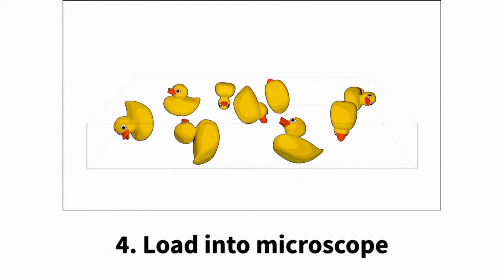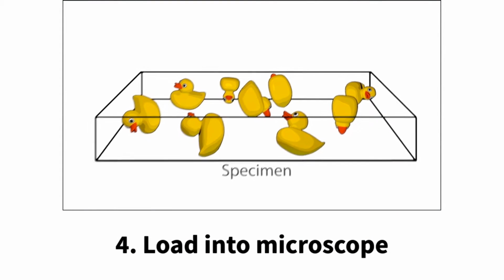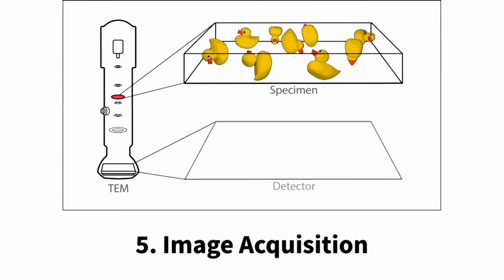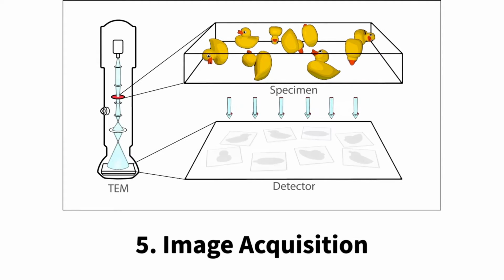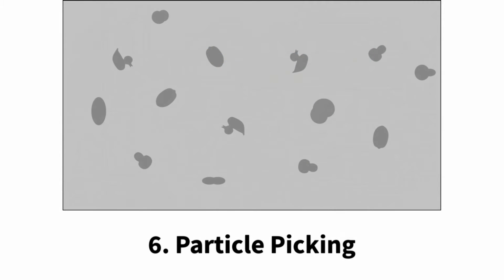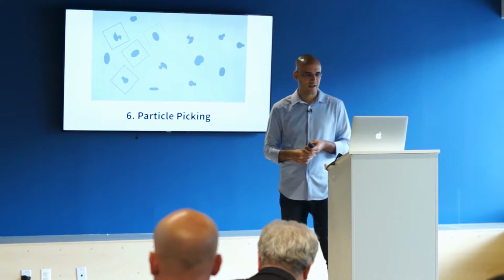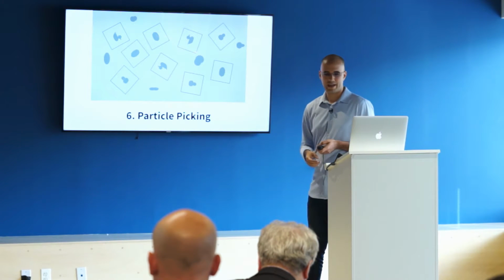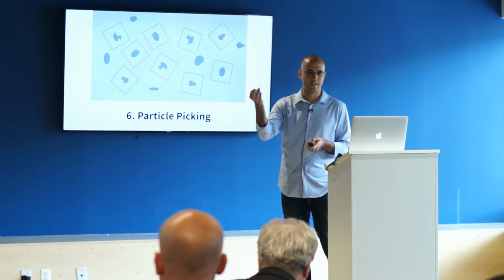Once it's frozen, we can load this into the microscope. And once it's loaded into the microscope, we apply the electron beam and it basically projects 2D projections of the individual single particles onto this detector. Once we have this imaging data, we can pick particles out of that data, and then you'll see that we get all these different orientations.